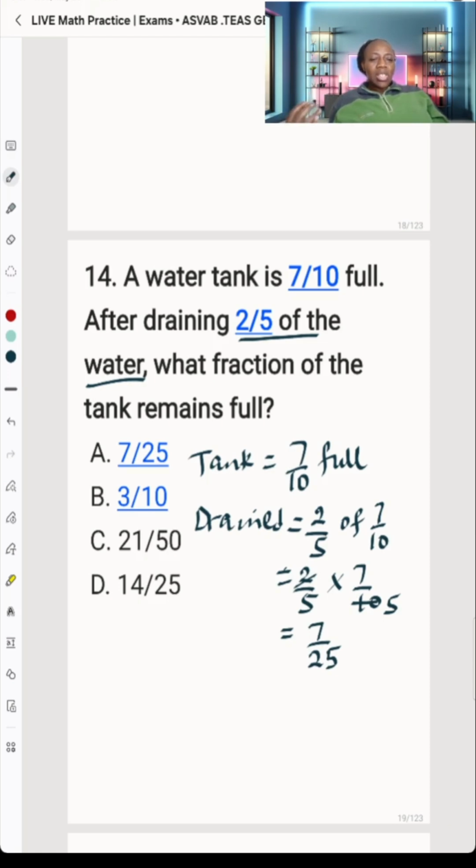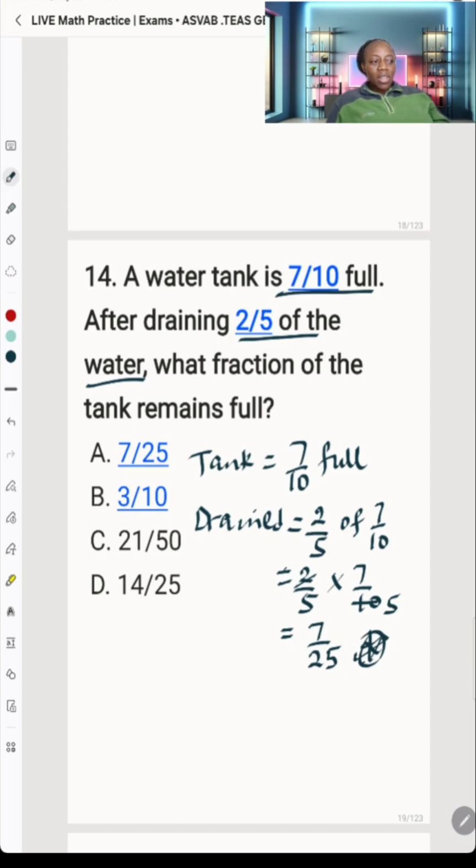The question is now saying, what fraction of the tank remains full? The full one is 7 over 10. Then we subtract this. This is drained from it.